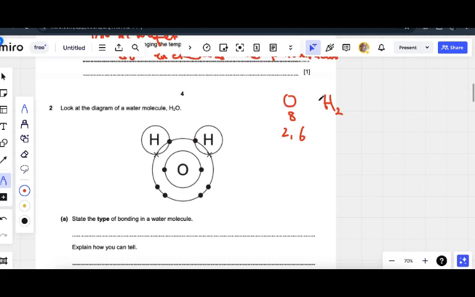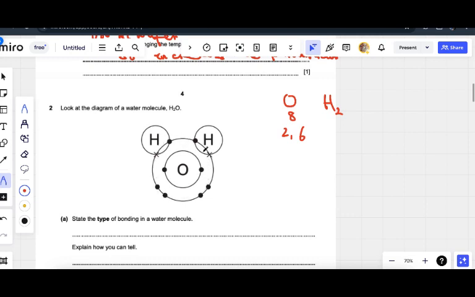One hydrogen atom has 1 electron, right? So it had one before, but it now bonds with oxygen here. So hydrogen is complete with 2, which is the minimum you should have in your first shell. In your second shell, the minimum you should have is 8.